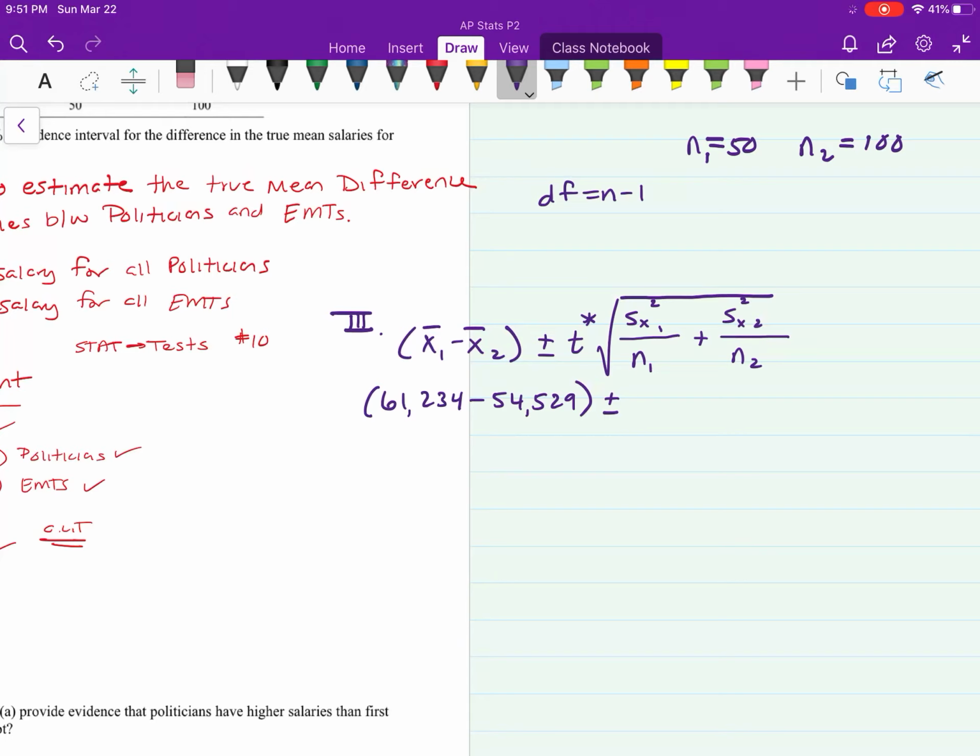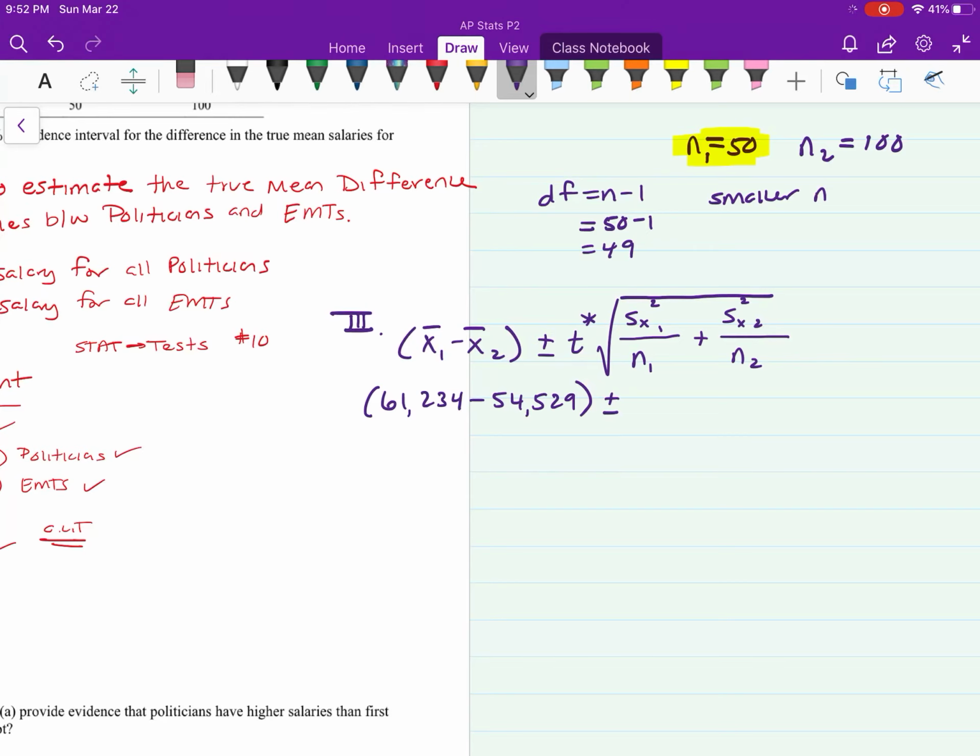Here's what you do. Go with your smaller sample size, which is 50. That means your degrees of freedom are going to be 50 minus 1, which is 49.